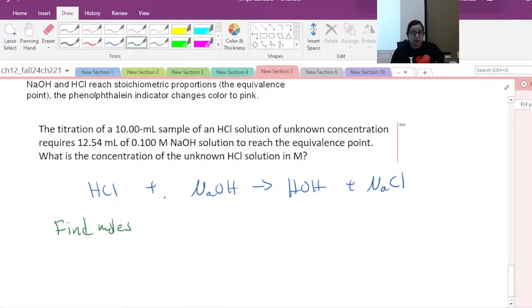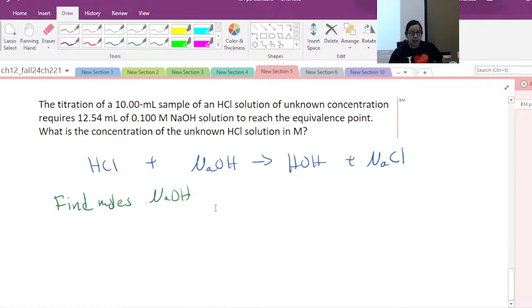Right now we can find moles of sodium hydroxide. So what do we do for this one?